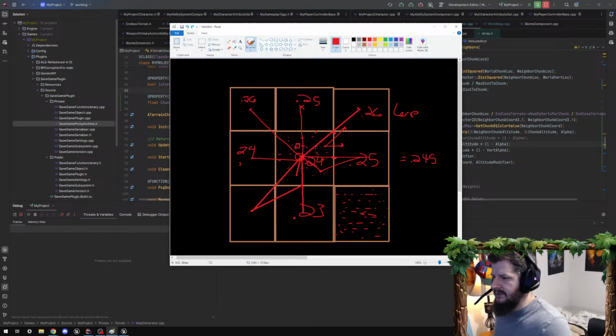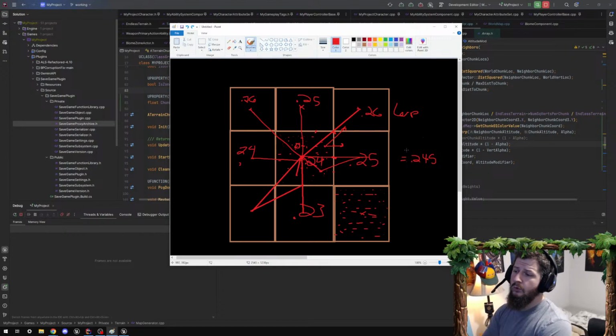But if I lerped based on the distance, let's say I did distance to here as well. And this is actually what happens, right? So if I don't do alphas over 1, and my max distance is the distance to the chunk I'm considering, then I'm pretty sure this point also considers this chunk, which I wouldn't want it to, if it's on the edge.